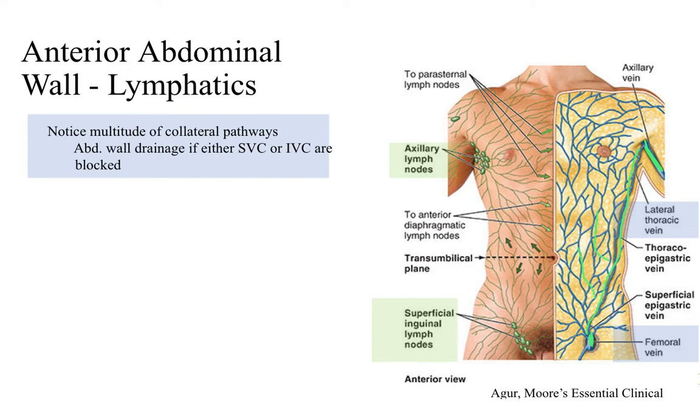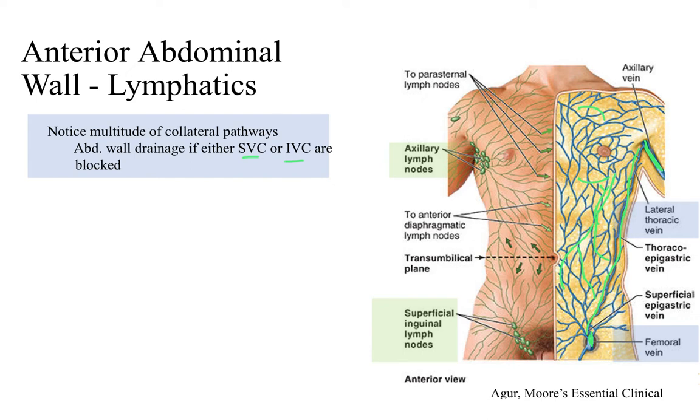And all of these pathways that are branching out from that, again, collateral circulation, just in case either the superior or inferior vena cava are blocked, you will still be able to drain blood supply from the abdominal wall.